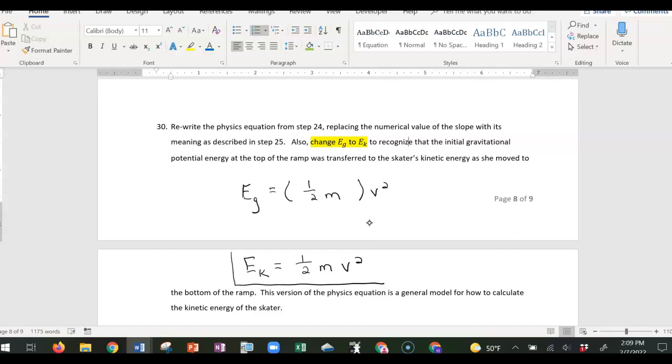So this relationship right here is a general model for how to calculate the kinetic energy of the skater. The kinetic energy is 1/2 of the skater's mass multiplied by the square of the velocity.